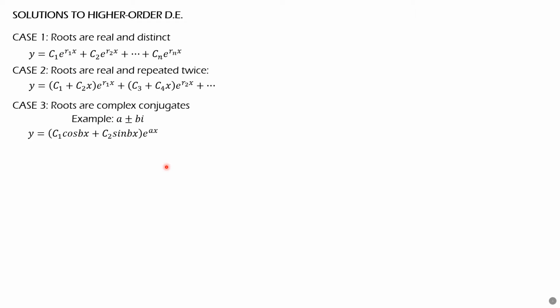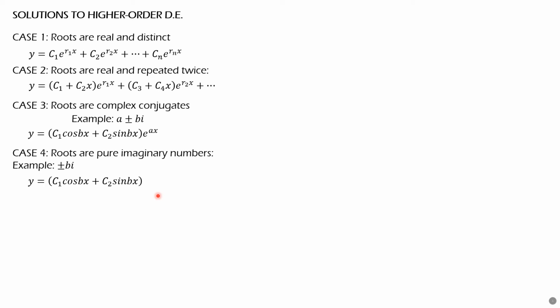Then case 4, when the roots are pure imaginary numbers, so for example, plus minus bi, then the solution would be free of this part e to the ax. So it will just be c sub 1 cosine of bx plus c sub 2 sine of bx.